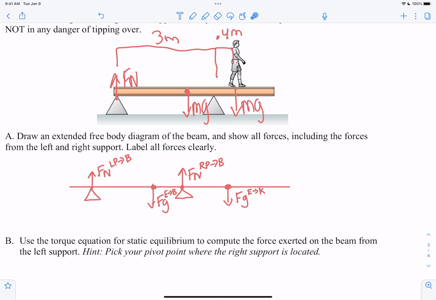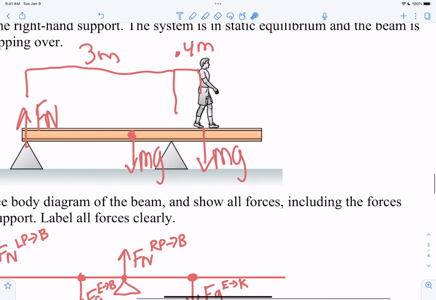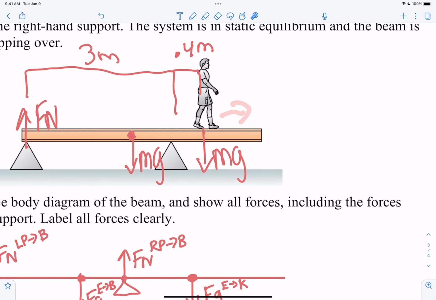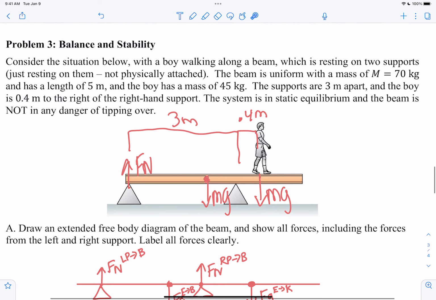We're interested in what forces are going to give the beam torque. Because theoretically, if the person goes any farther, this thing is going to tip over. At that point, we're not concerned with what forces the beam exerts back on the person. So maybe just the forces exerted on the beam. I think that makes sense.